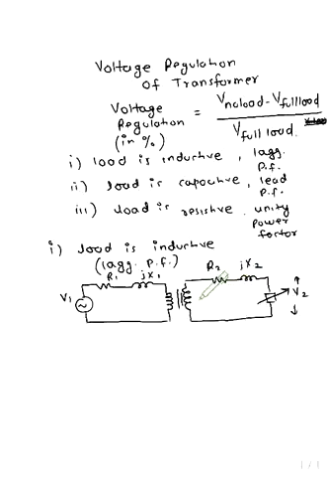Here E2 is the induced EMF of the secondary winding of the transformer. V2 is the load voltage. So from the secondary side we can write the equation E2 is equal to V2 plus I2 into Z2.